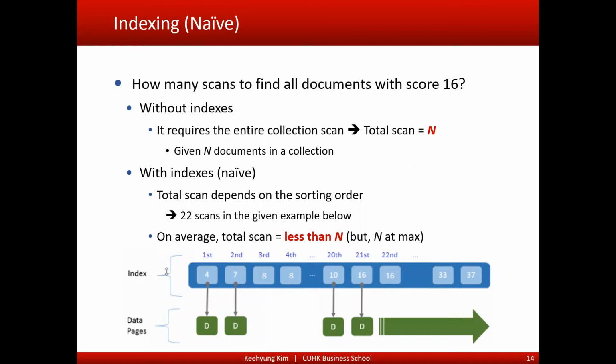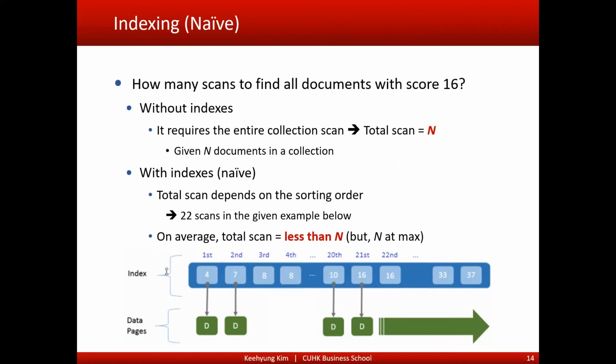We can compare the speed between the case when we don't have an index and when we have an index. Let's assume that we don't have any index and we want to find a certain document with the age 16. Let's assume that we want to find a certain user whose age is 16. If you don't have an index, we have to scan all the user documents in the collection.